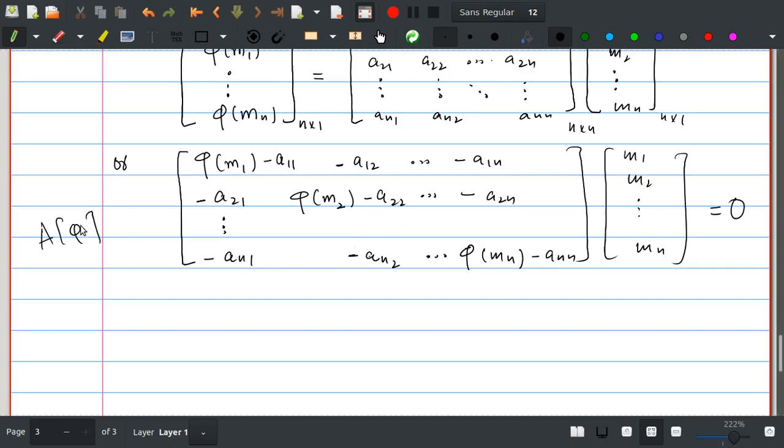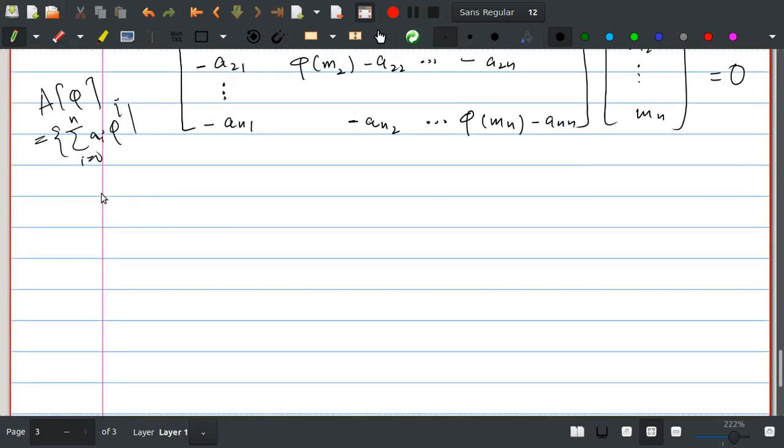Now by A[phi] we mean the set of sums for i going from 0 to n of a_i phi to the power i, where these a_i's are elements of A and n is a natural number. So note that this A[phi] is a commutative subring of the endomorphism ring of M. So let us first write this down here.